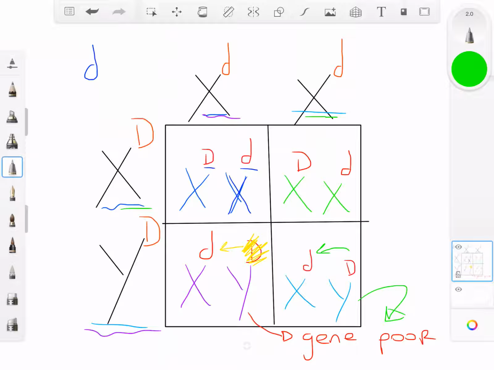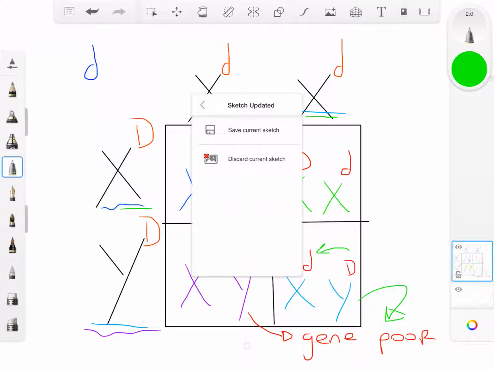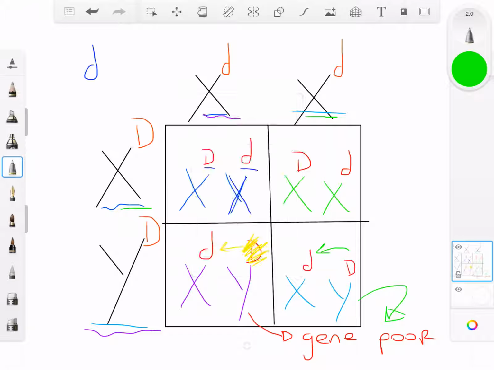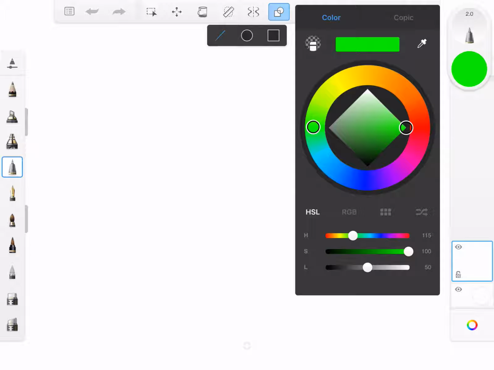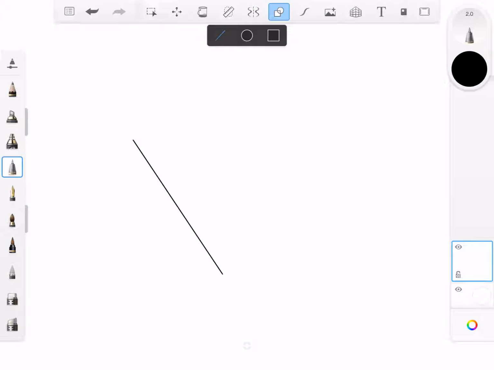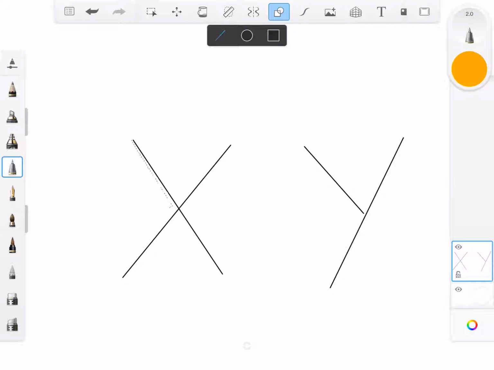And a good way of seeing how that works is by doing this little sketch. So I'm going to go ahead and draw an X like so and a Y like so. If you can visualize every single portion having genetic information, right?